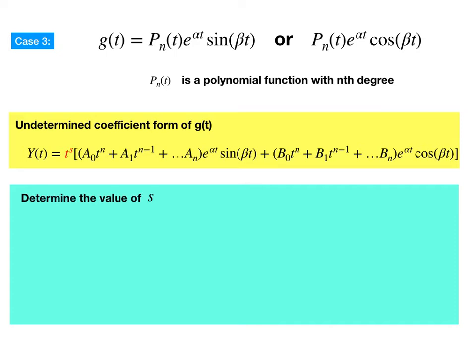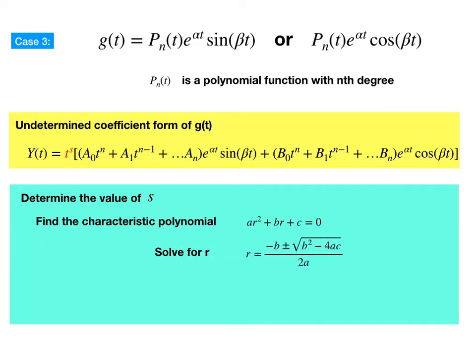And then the next step is to determine the value of s by using the characteristic polynomial, and then solve for the roots of this polynomial using the quadratic formula.